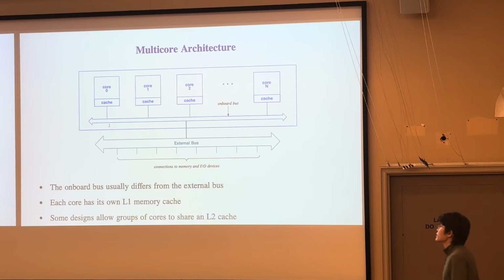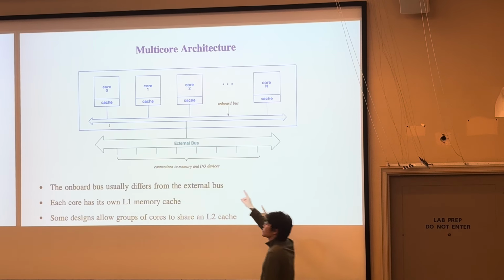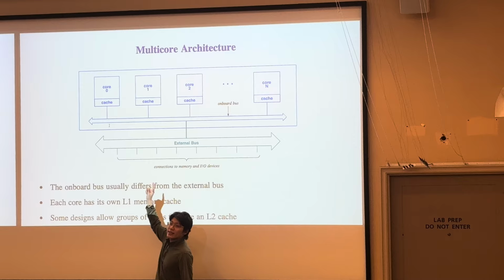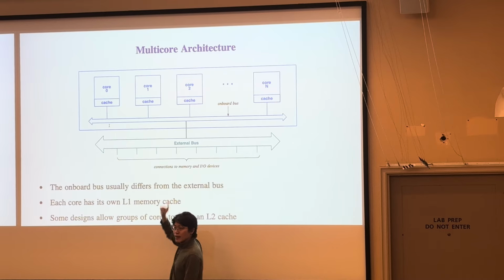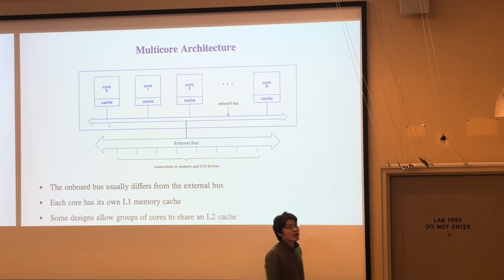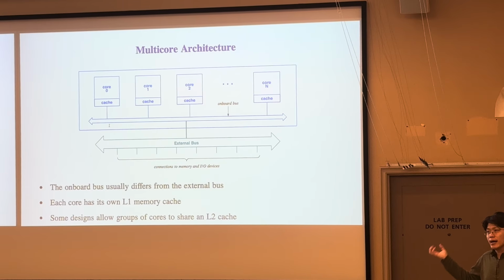Each core has its own cache. If they share some data, that data needs to be consistent across these caches. This is a very difficult problem to solve, and over the years there have been decades of research studying cache coherence protocols, how to make sure that this data is consistent among the caches.